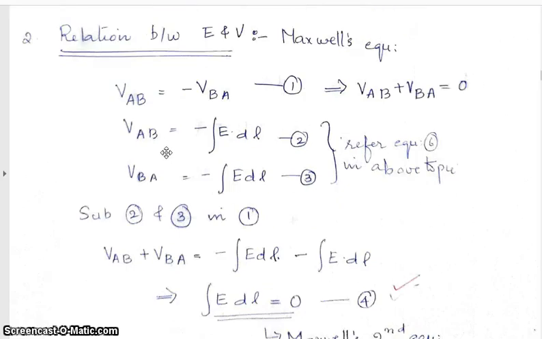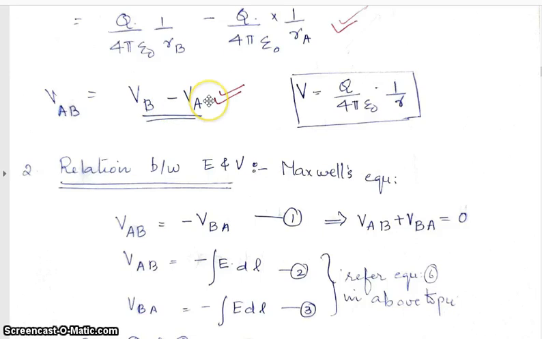Now next we will see the relation between E and V. Before going into the relation between E and V, that is, E is your electric field intensity and V is your potential, we have to see a few other formulas. Now you know VAB is equal to minus VBA, because VAB is equal to VB minus VA, and VBA will be equal to VA minus VB. So there is a slight difference in sign only. So VAB is equal to minus VBA.